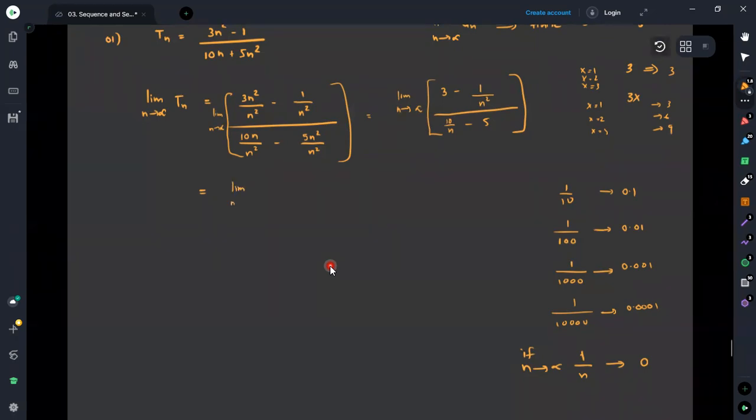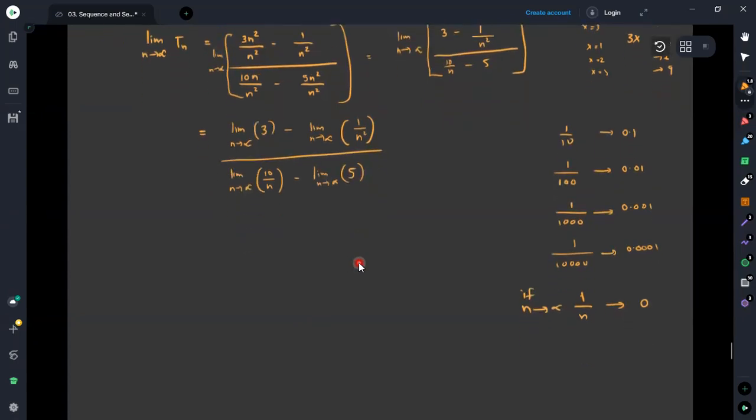Considering the limit as n goes to infinity, we have 3, minus the limit as n goes to infinity of 1 over n squared, then the limit as n goes to infinity of 10 over n, minus the limit as n goes to infinity of 5. Without taking the expression all at once, I will take the limits of the terms separately.